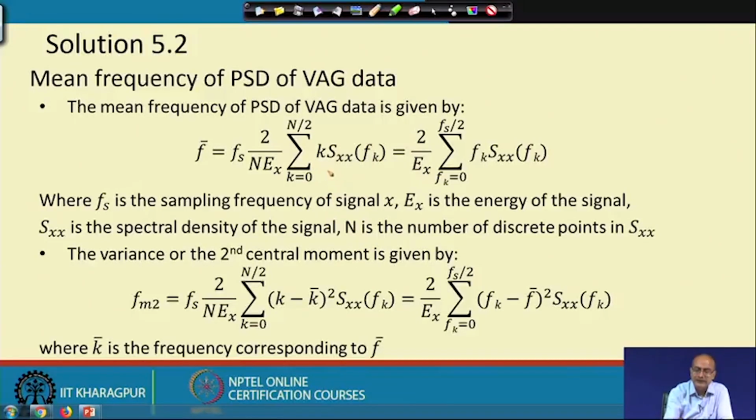Our spectrum is S_XX(f_k) in the discrete domain, k varying from 0 to N by 2. To compute the first moment, we multiply it with k and take the summation.